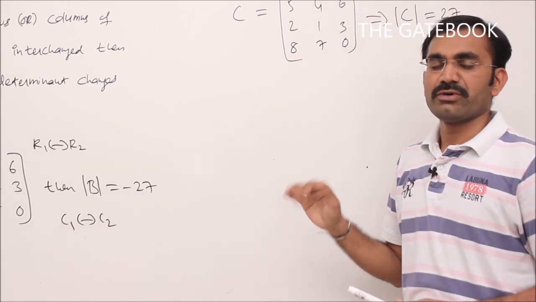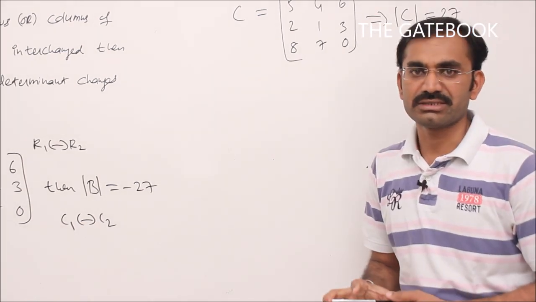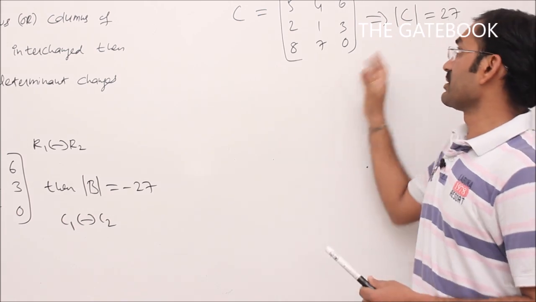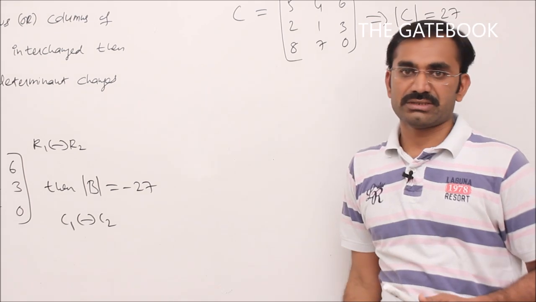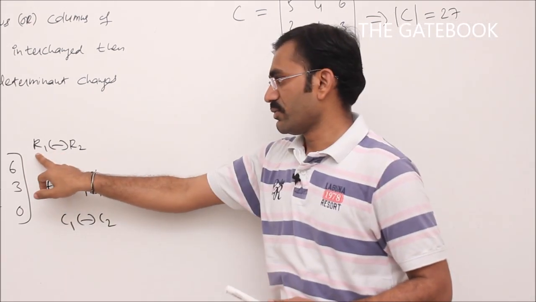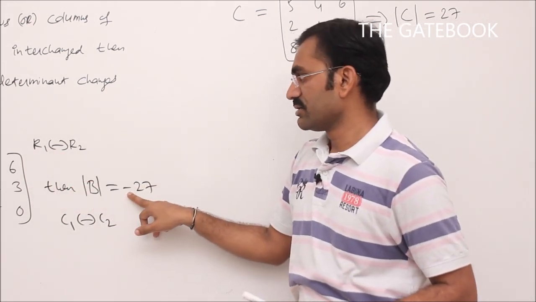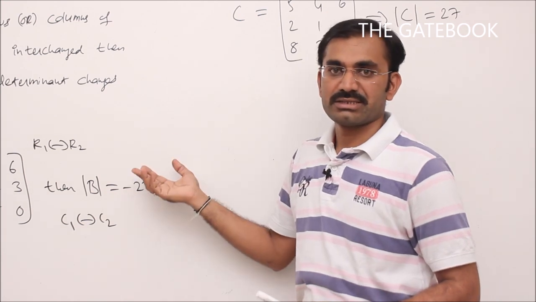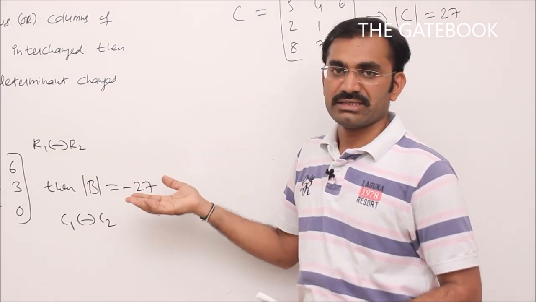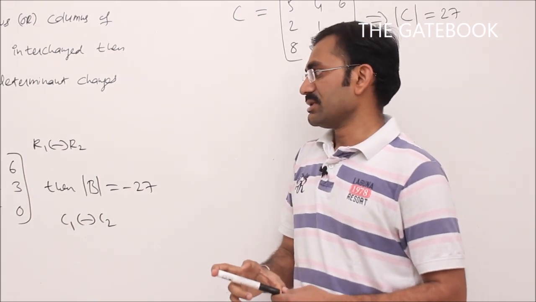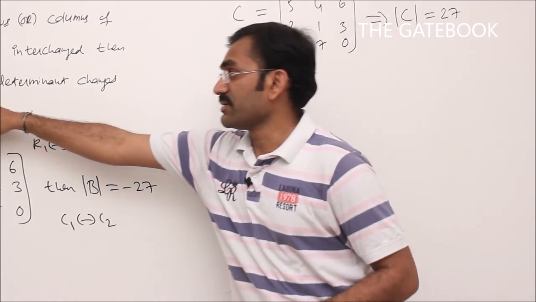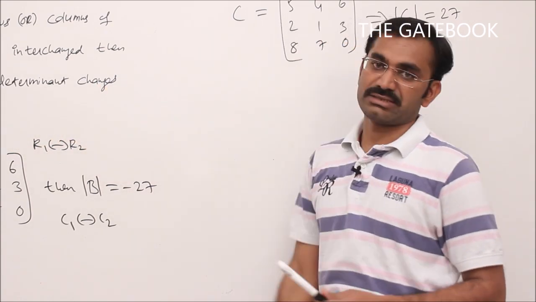Like that, if you go for any even number of interchanges, then the value of the determinant remains same. Suppose if you go for odd number of interchanges, one interchange, one is odd number, will get negative sign. Next 3 interchanges, 5 interchanges, 7 interchanges, like that. If you go for odd number of interchanges, then the sign of the value of the determinant definitely changes.